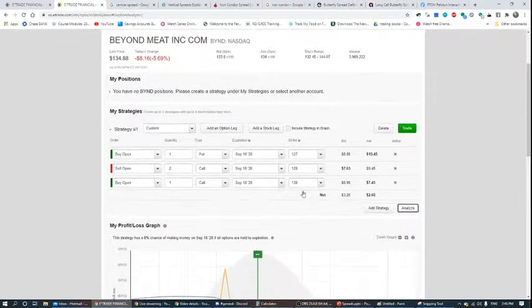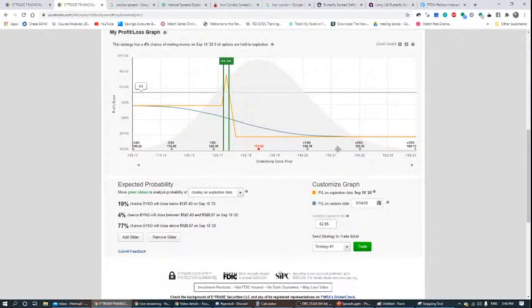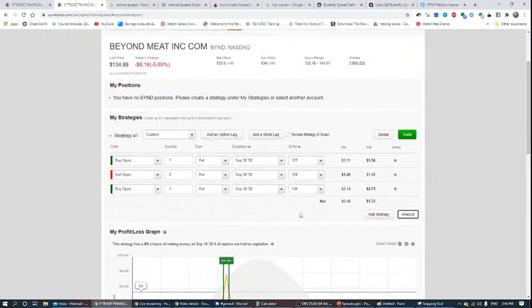Beyond trading at 130. Okay, puts. Let's do this. Wow, that's not gonna make me money at all. Okay, so the max profit on this I can make is $32. I'm not happy with that. Let's delete this.